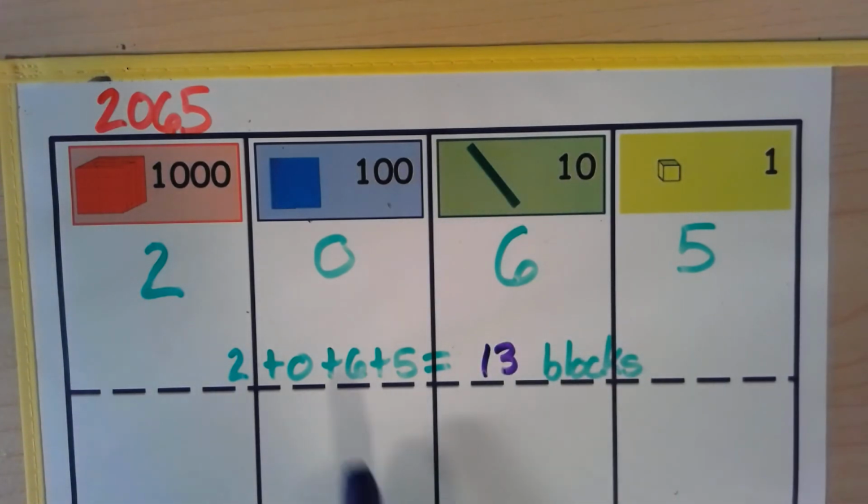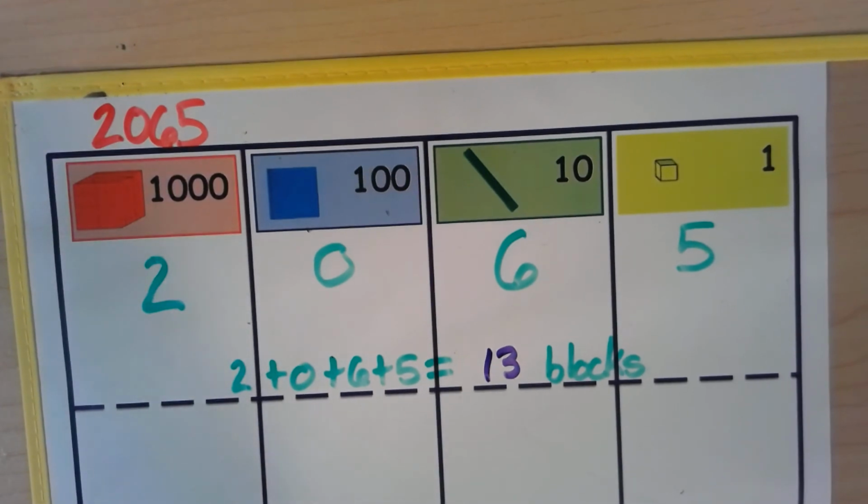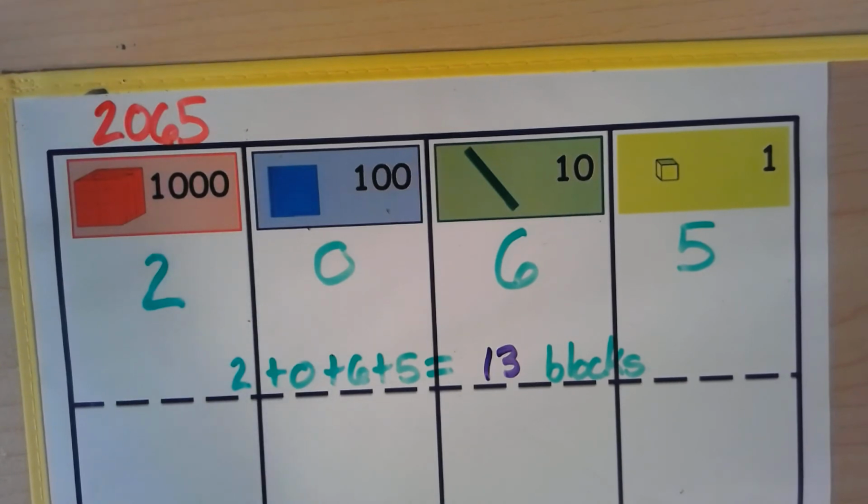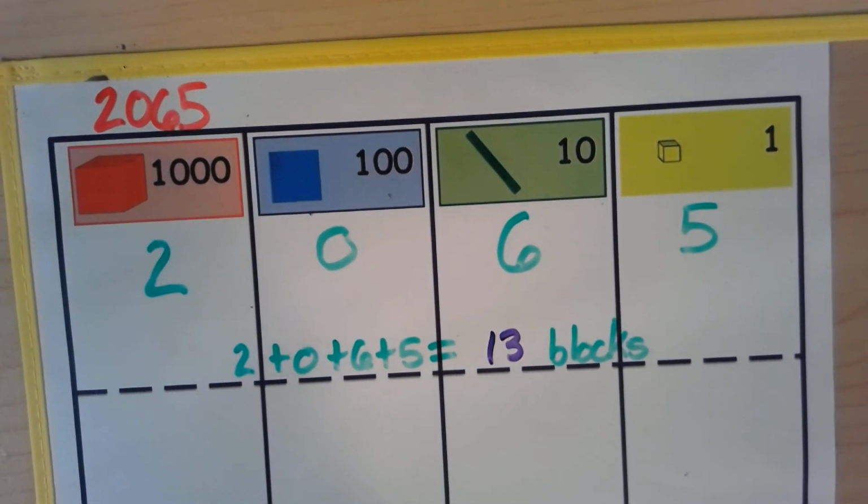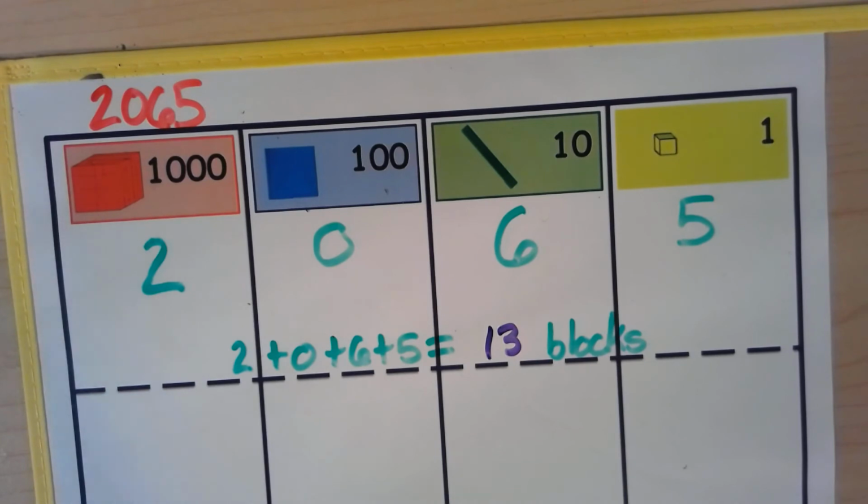What I did is I thought 5 plus 5 is 10, but there's an extra one left over with the 6. So 6 plus 5 is 11, and then I added my 2. So 11, 12, 13. You can do it that way as well. Same answer, 13 blocks.